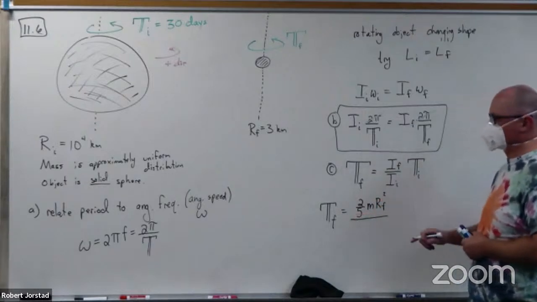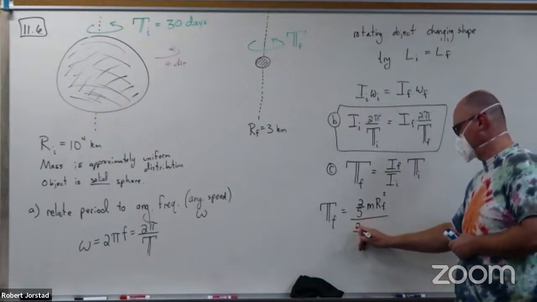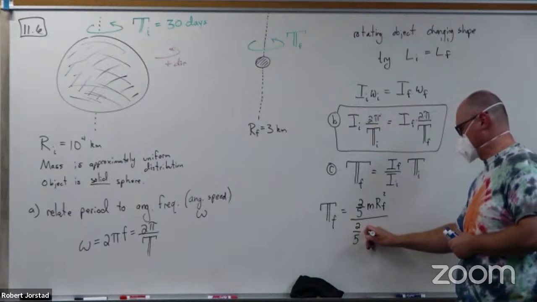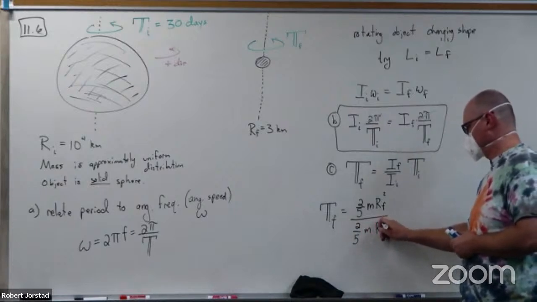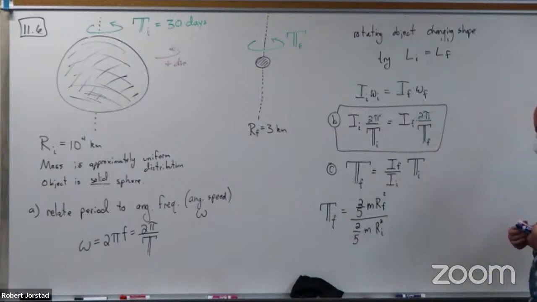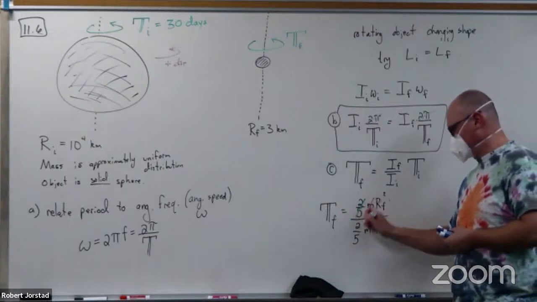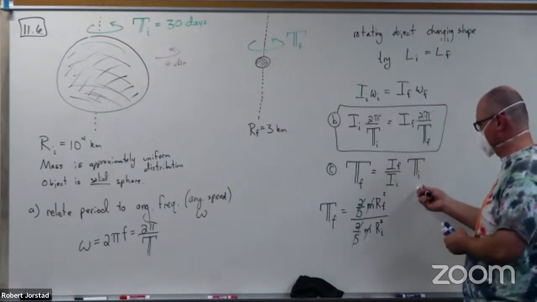The initial moment of inertia, it's another solid sphere. The only difference is the radius, right? We're assuming the mass is not changing. It's still a star, just collapsing in. Is this assumption valid? Probably not perfectly, but maybe approximately. Notice, in this case, a lot of stuff cancels out. Oh, whoops, there's also a period here.